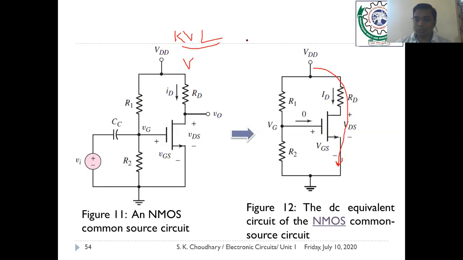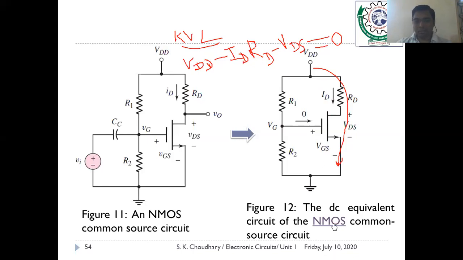VDD minus, the current flowing across RD is ID, so ID RD, minus the voltage drop VDS, equals 0, as there is no source resistance. So VDD minus IDRD minus VDS is equal to 0.